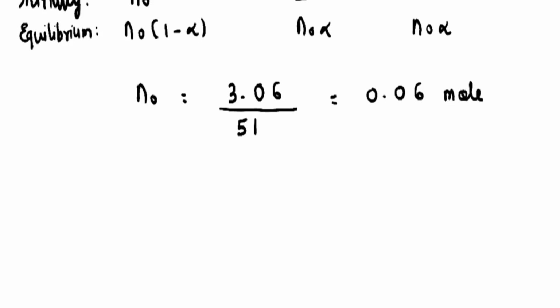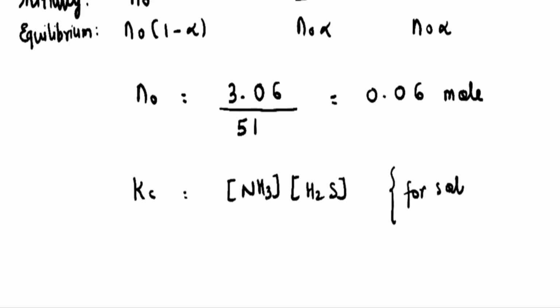So we can now write Kc is equal to concentration of NH3 into concentration of H2S, and the concentration, or we can say active mass, for NH4HS is 1, because for solids active mass is taken as unity.